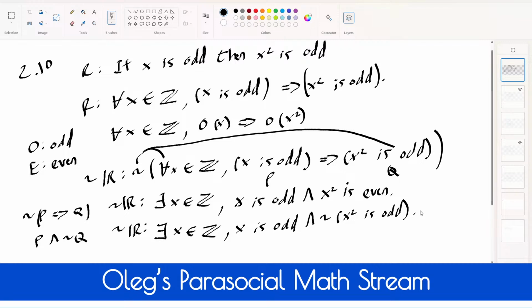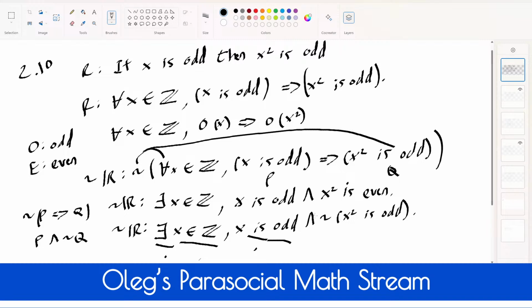Okay, and the statement, if you want to translate it, is there exists an odd integer. This is our odd, and this is x is integer. Exists odd integer. Let's see here. Whose square?